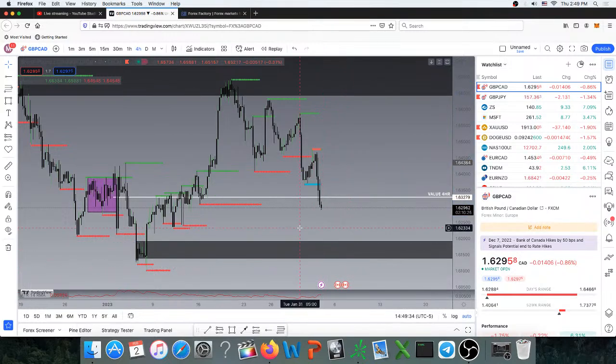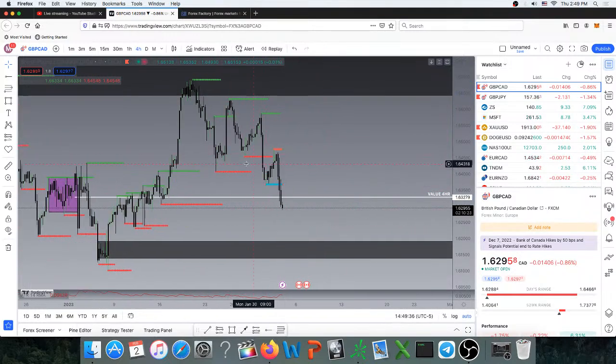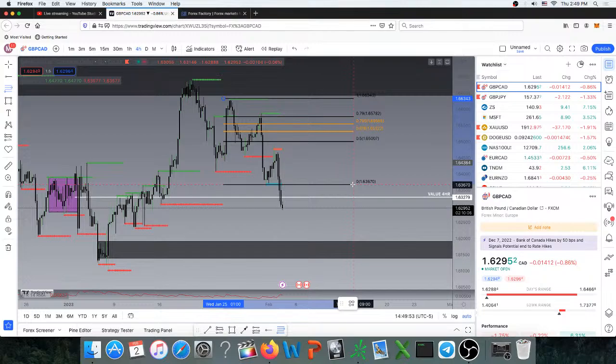Okay, so with that being said, we broke 4-hour structure. Here was the low, gave us a lower high, low bow. That's where price broke. Now we are inside of this liquidity area.